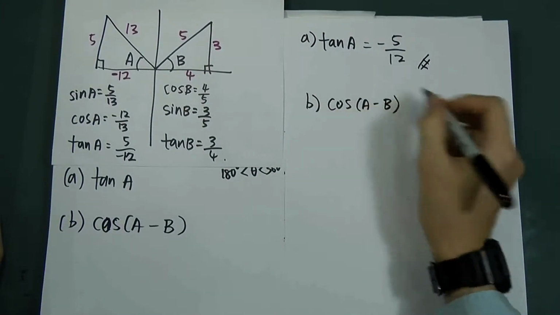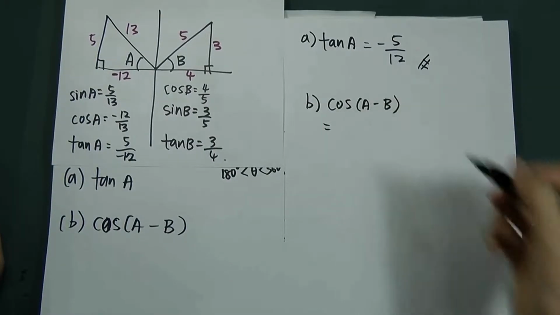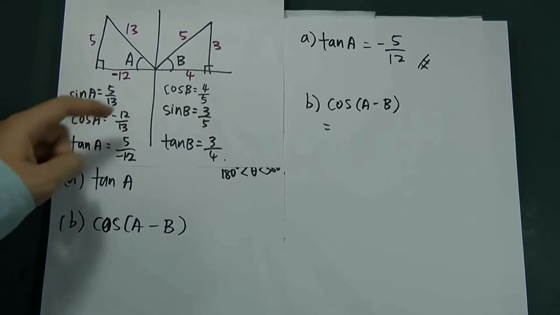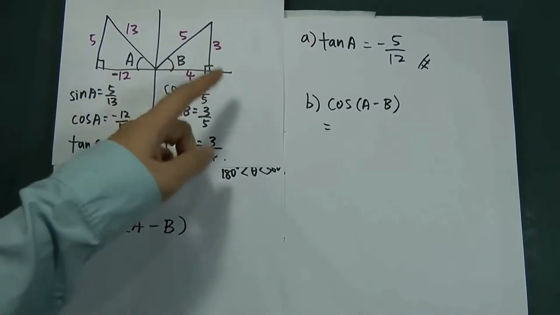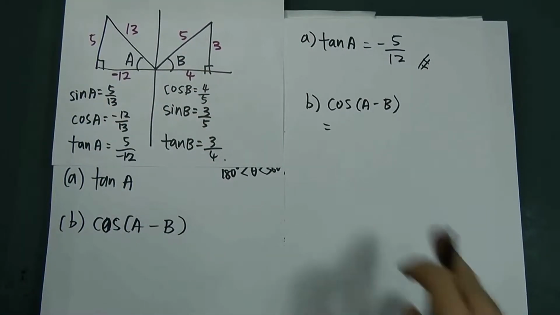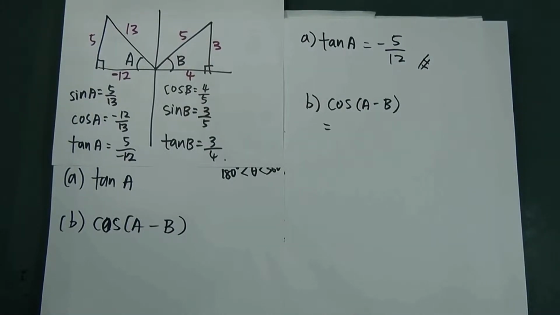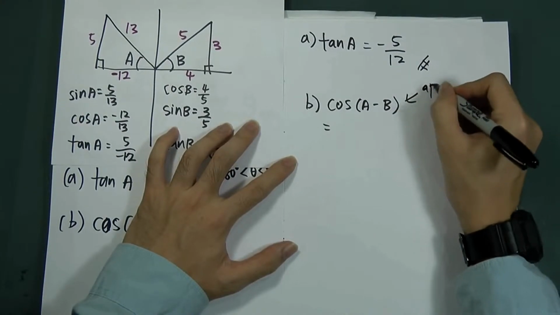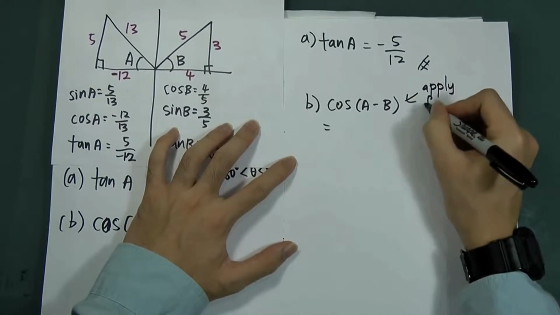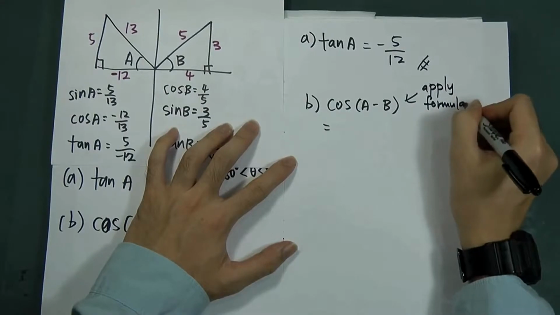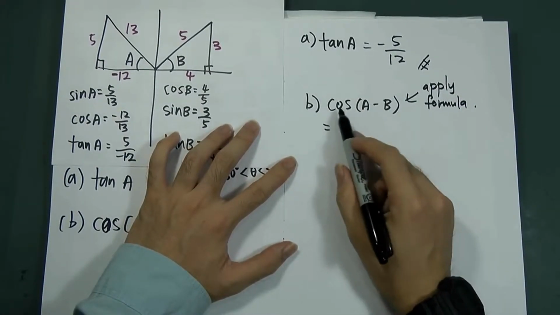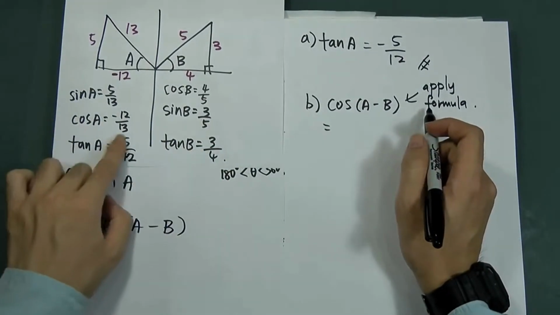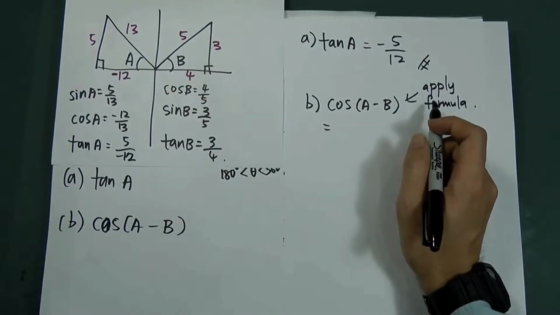For cos of A minus B, a lot of students simply take cos A minus cos B. It's not like that, because cos of A minus B has its own formula, so you must apply the formula. I have really had a student who just expanded the bracket, got cos A minus cos B, and got it wrong.